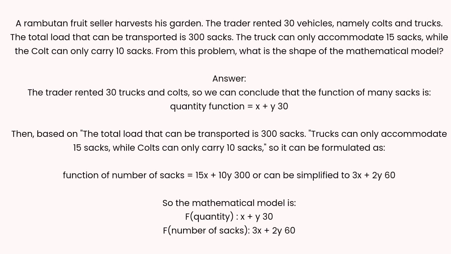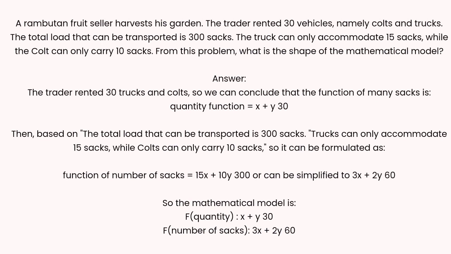From this problem, what is the shape of the mathematical model? So the answer is the trader rented 30 trucks and carts. So we can conclude that the quantity function is x plus y equals 30.